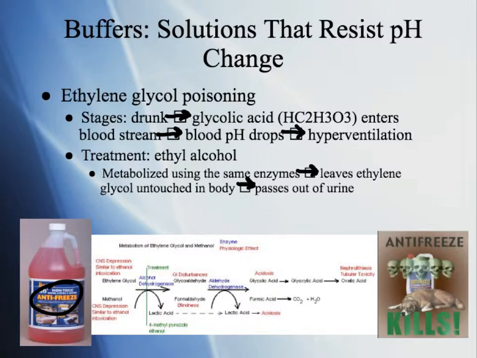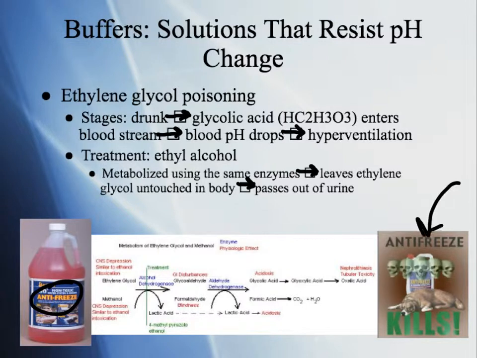You're going to be breathing really hard, because one way your body can get rid of extra acid is through carbon dioxide release. If they can't get enough carbon dioxide out, then they die. The end result is death.